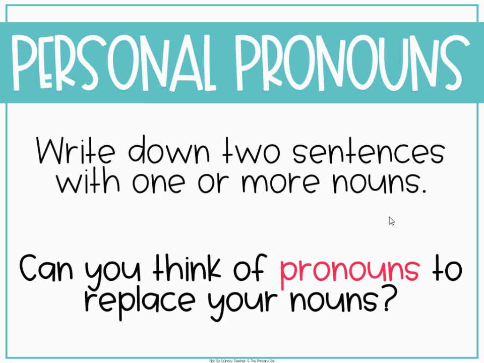So write the original sentence with nouns. Then write some pronouns to replace it. Remember, nouns are people, places, things, and animals. So write the original sentence with the noun in your notebook. Then underline all the nouns and replace each of those nouns with pronouns.